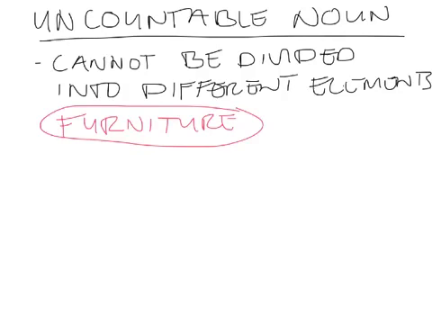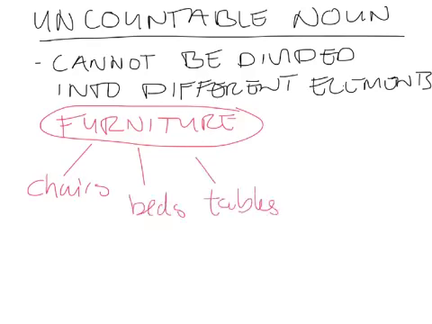Within that element of furniture we have, for example, chairs, beds, tables, bookshelves, etc. But the word furniture is not divided into different smaller elements. It's one concept in a sense.